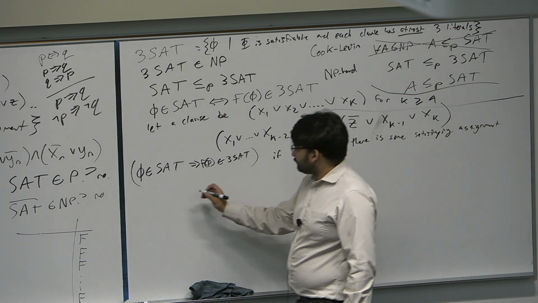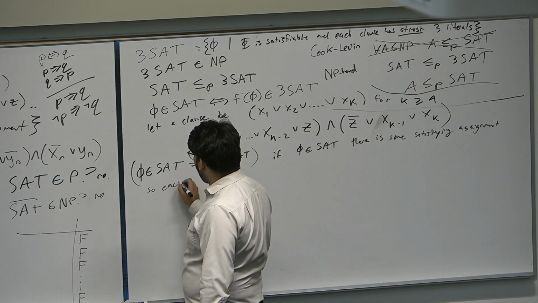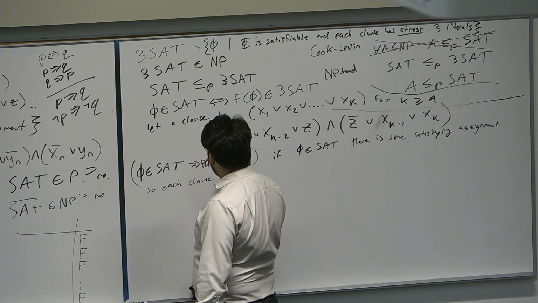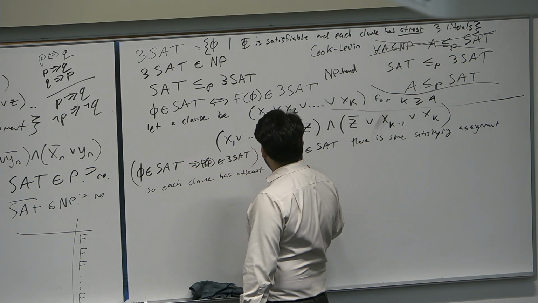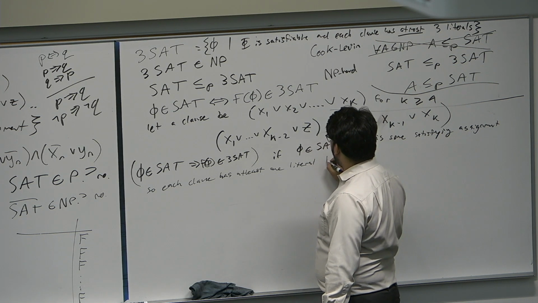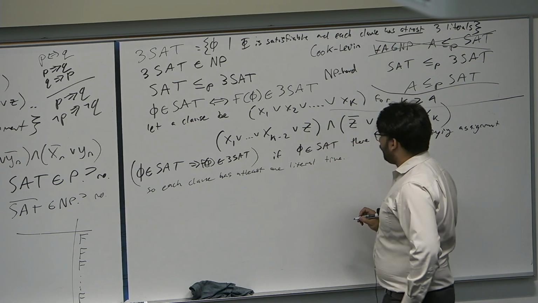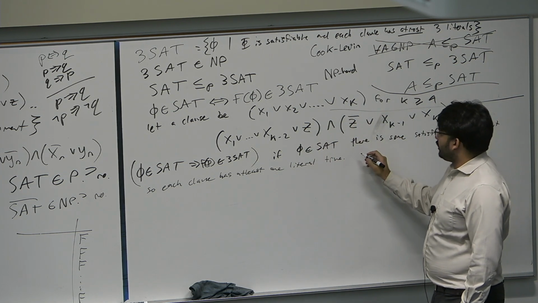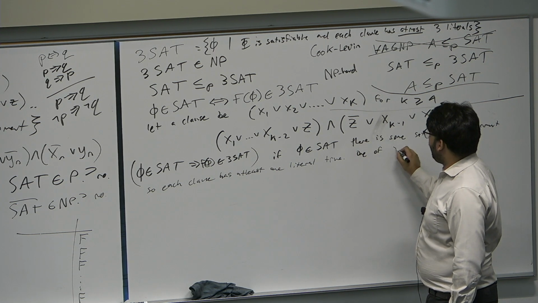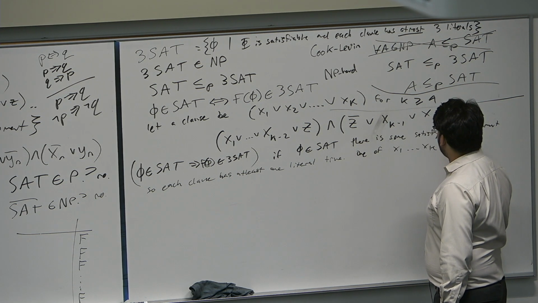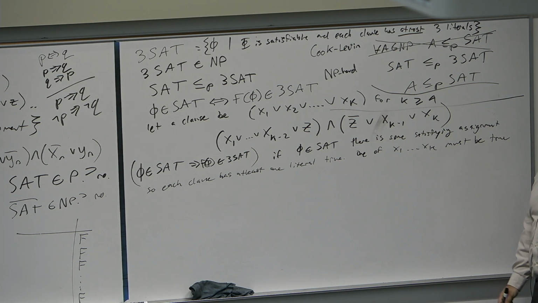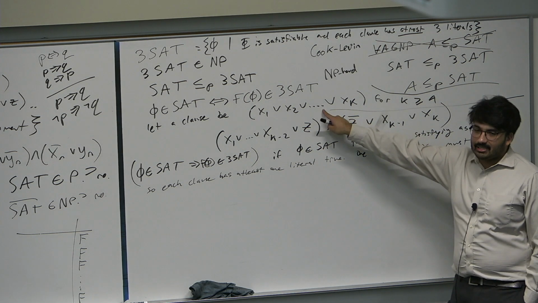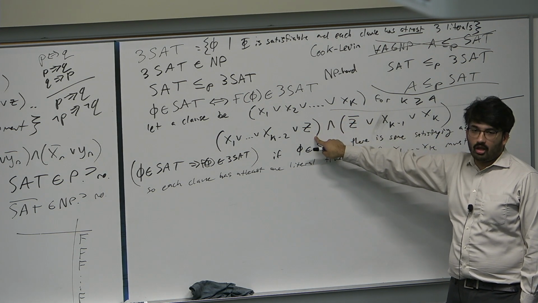So each clause has at least one literal true. So for this specific reduction, we know one of x1 to xk must be true. And again, they're negations of things, right? So they could be negated. They're literals. But if one of x1 to xk is true, I claim that these two clauses are also satisfied.